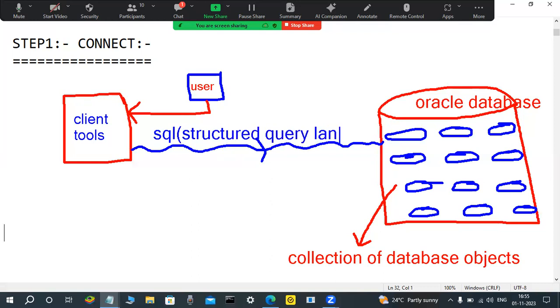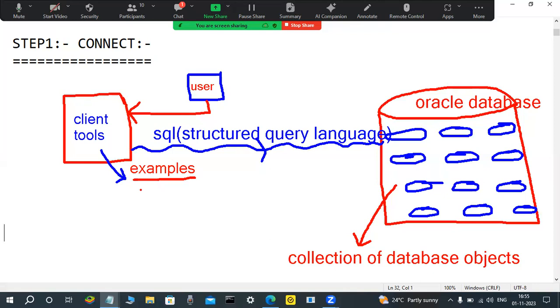Now what query tools or client tools are available? I am drawing a diagram of these tools. What are the examples of query tools? Maybe so many fellows, real-time programmers, have an idea, and in our class they have an idea.